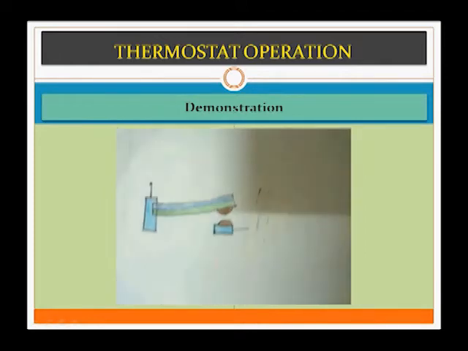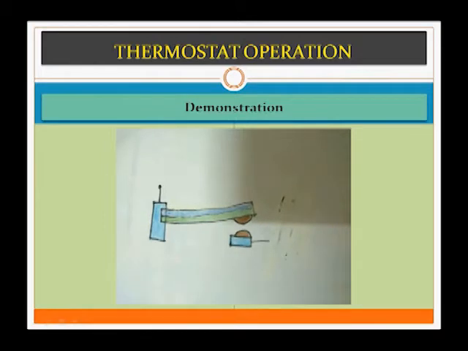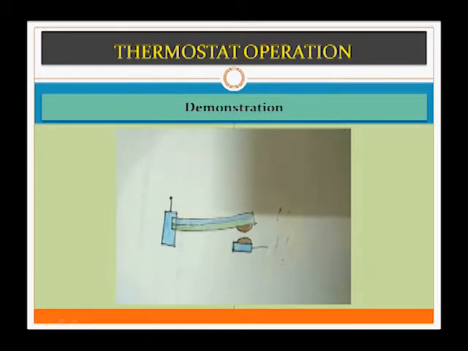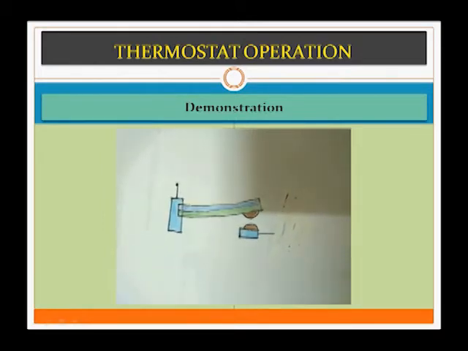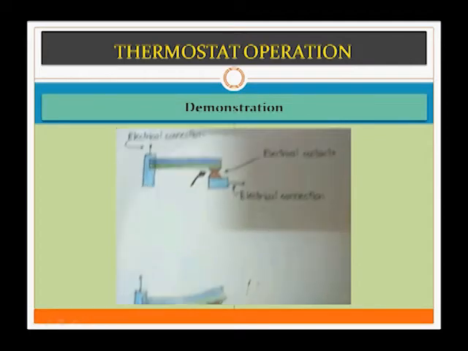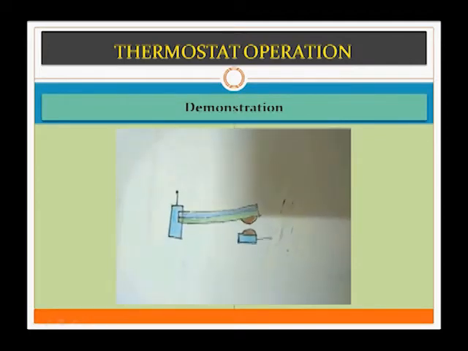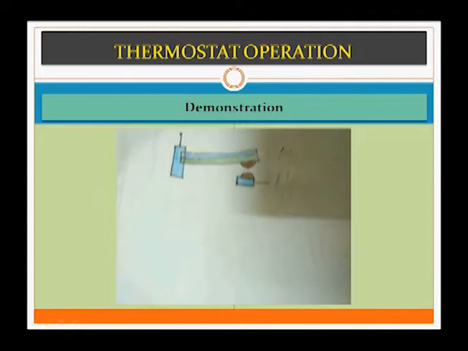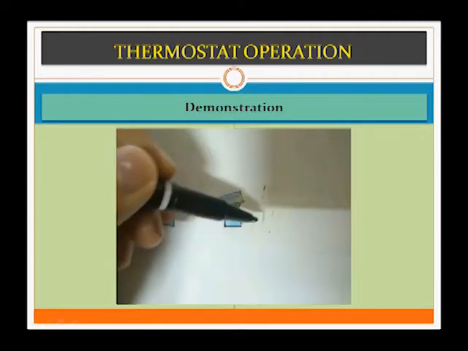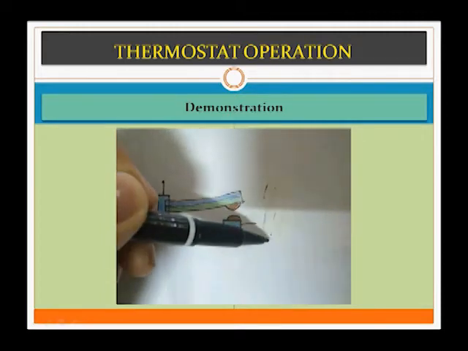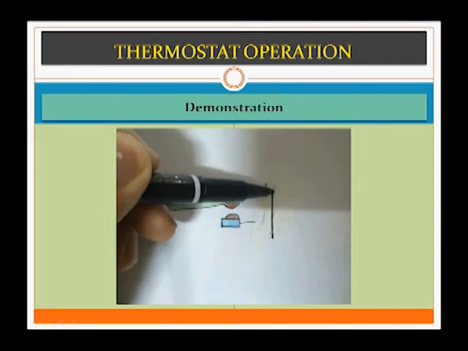In the figure below, we can observe that the electrical contacts are now open, and the movement of the strips is this way.